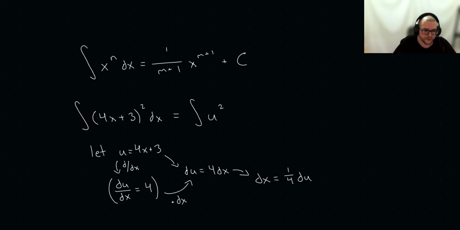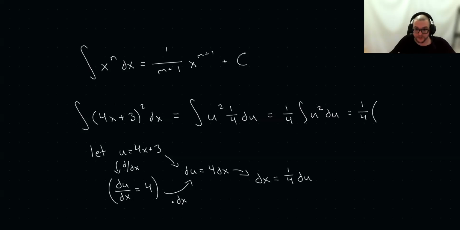dx is 1 over 4 du. The 1 over 4 I could pull outside, because it's a constant multiple, and now it's the integral of u squared du. And so that integral of u squared now looks exactly like our integral rule that I have at the top, albeit the label of the variable is different.